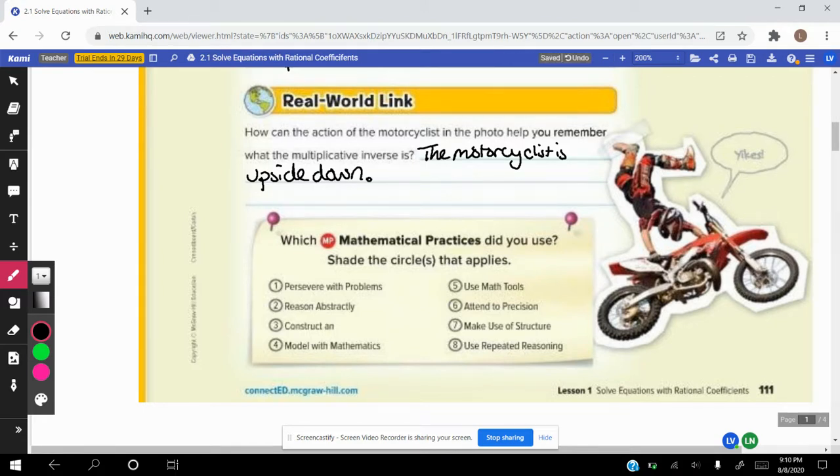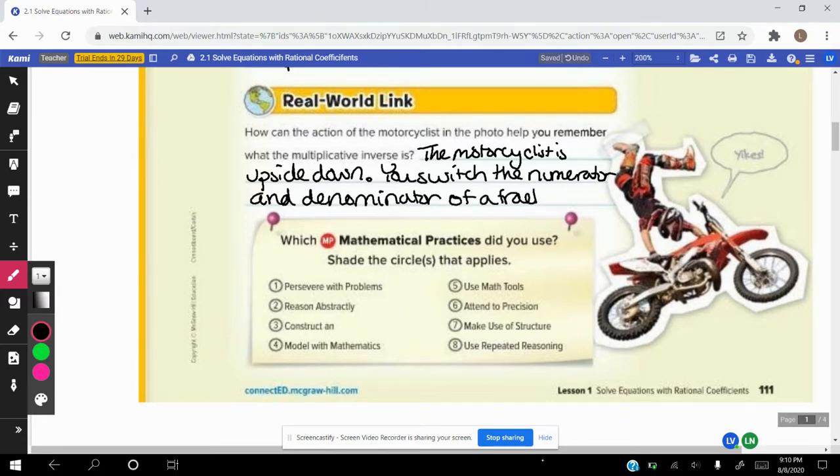So when you're dealing with multiplicative inverses, you switch the numerator and denominator of a fraction in the multiplicative inverse.